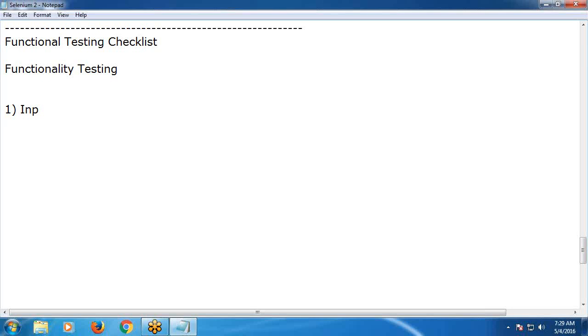Next, some are saying security testing is non-functional. No, as per industry standards, security testing also is a subset of functional testing. See, in functional testing, functionality testing and security testing are subsets.